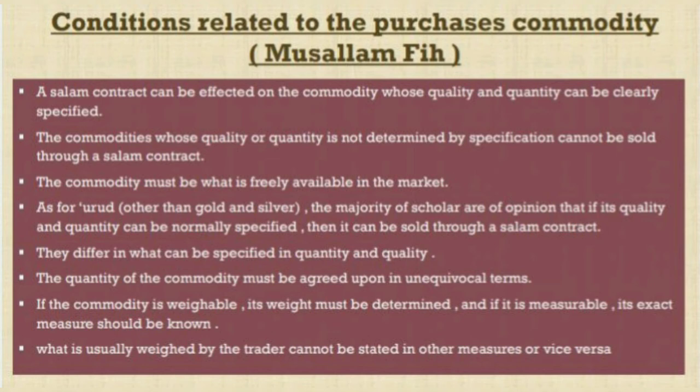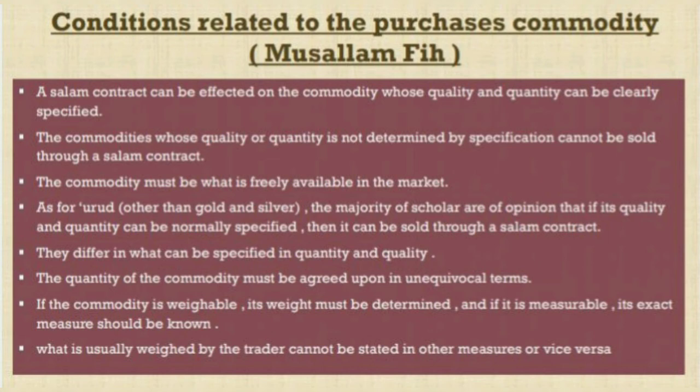Number 7, if the commodity is weightable, its weight must be determined, and if it is measurable, its exact measure should be known. Maksudnya, sekiranya barang itu boleh ditimbang, beratnya mesti ditentukan, dan jika dapat diukur, ukuran mesti diketahui. Okay, the last one is, what is usually weighed by the trader cannot be stated in other measures or vice versa.